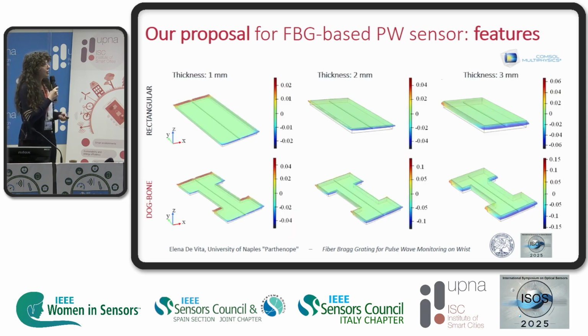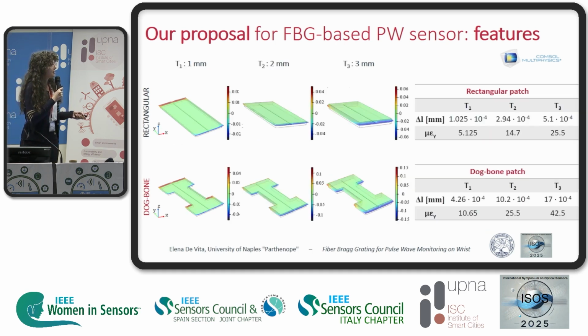And the following simulations are to observe what happens if we change the geometrical features of the patch to select the best features. So we simulated 3 different thicknesses, 1, 2, and 3 millimeters, and 2 different geometries, the rectangular one and the dog bone one.